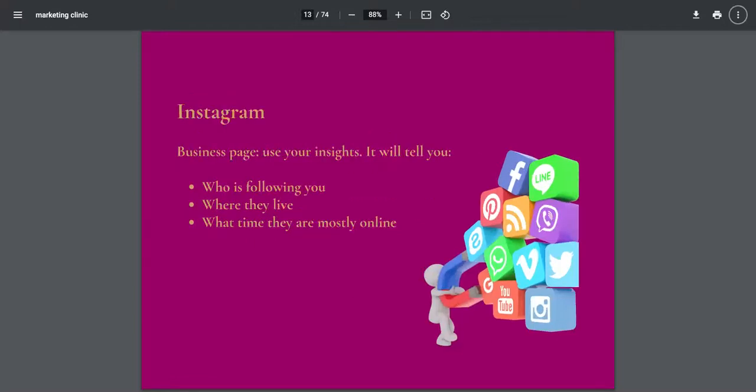Instagram, again, if you have a business page, if you do not, please get one as soon as possible. Use your insights. It will tell you who follows you, where they live, and what time they are mostly online. It's not the most recent feature, but a really good feature that I enjoy is that it tells you the percentage of accounts reached, the percentage of accounts engaged, and if you've gained or lost any followers compared to last week, or a couple of months before, if you wish.